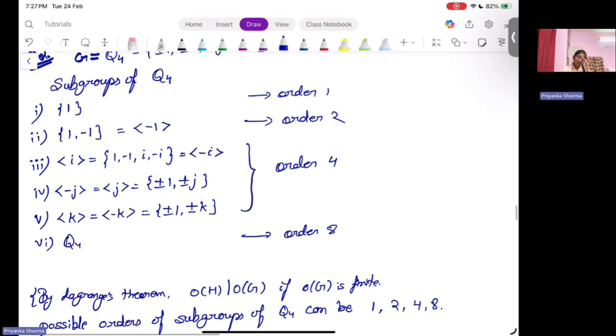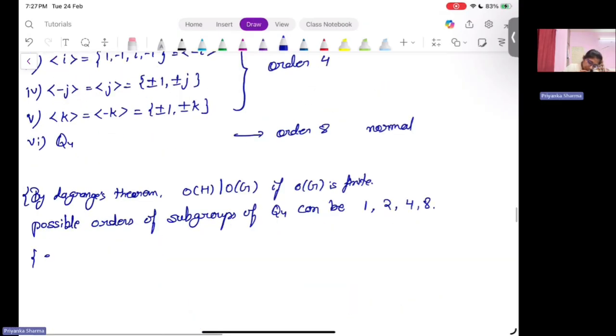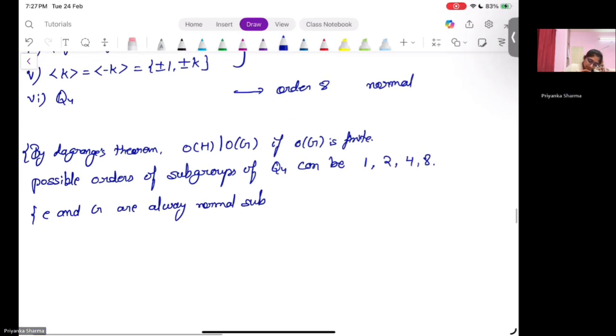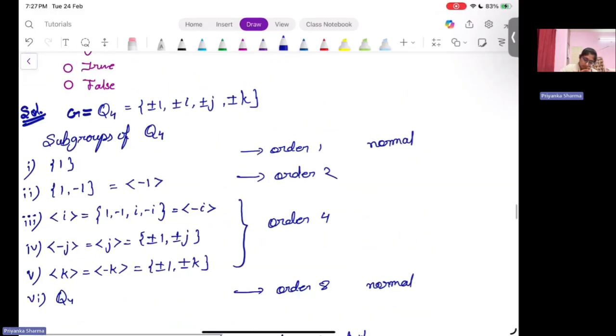Now, which one is normal, which one is not? So order 1 will be normal and the whole group will be normal, because E and G are always normal subgroups of a group G. So these two will be normal.